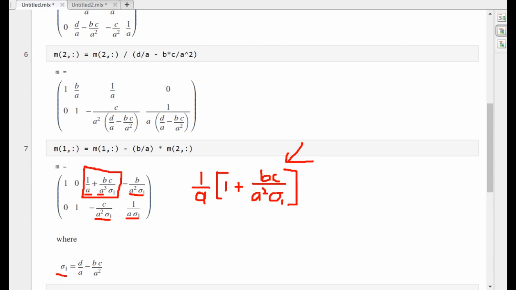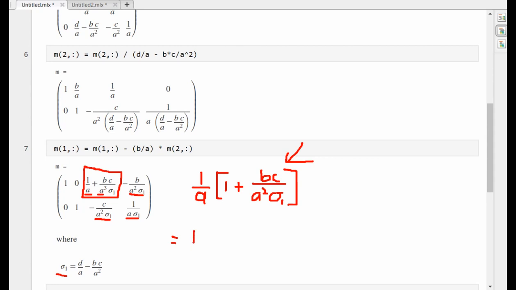I have BC over the determinant of M, right? And so when I get a common denominator, what will I end up with? Sorry, I need the 1 over a, right?